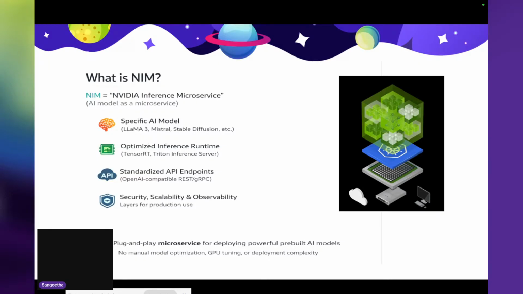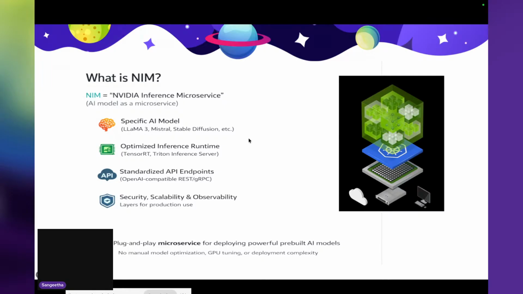And that's where the solution comes in for all the challenges we've been facing with traditional AI deployments. NIM provides us standardized API endpoints with an optimized inference runtime, right?